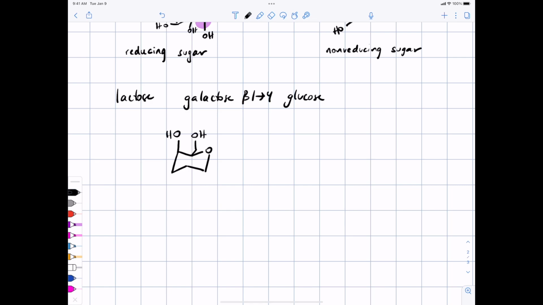That's the C4 epimer of glucose. It's a beta 1,4 linkage. So here's the oxygen in the beta position. And then that oxygen belongs to carbon 4 of the next sugar. There's the hemiacetal carbon, that's the beta 1,4 linkage.